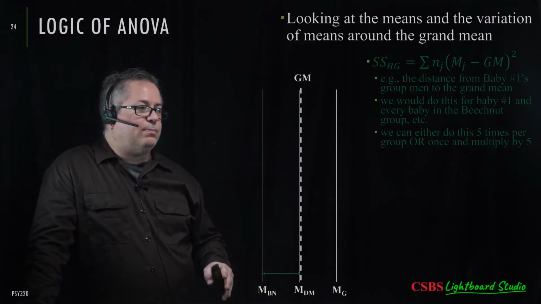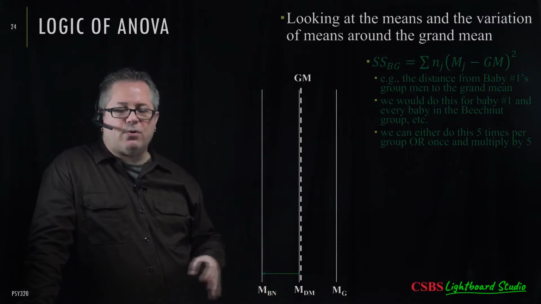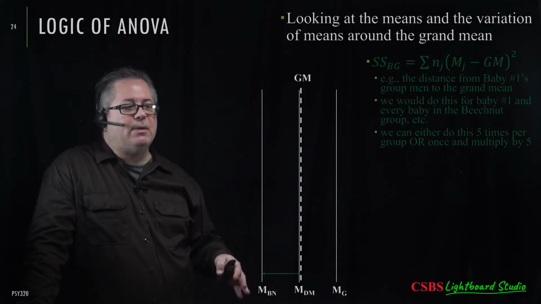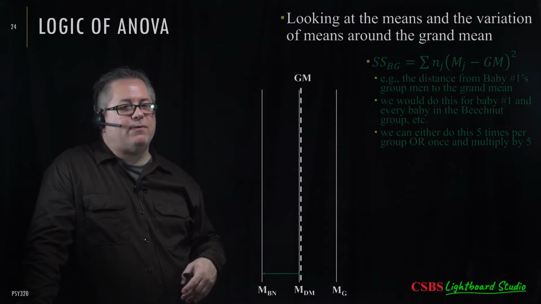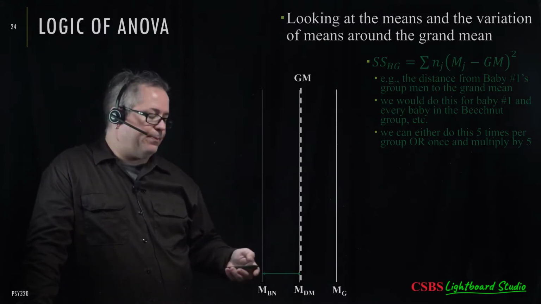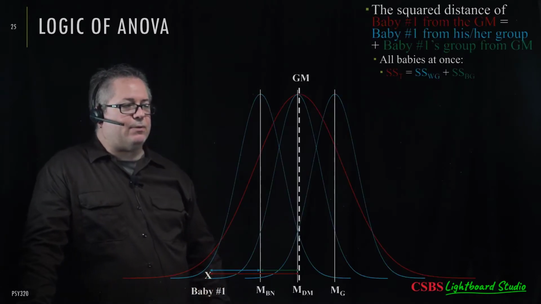So I can find the overall total distance for that baby away from the grand mean by looking at how far the baby is away from their own group, and then how far their group is away from the grand mean. So I can put this stuff all together.